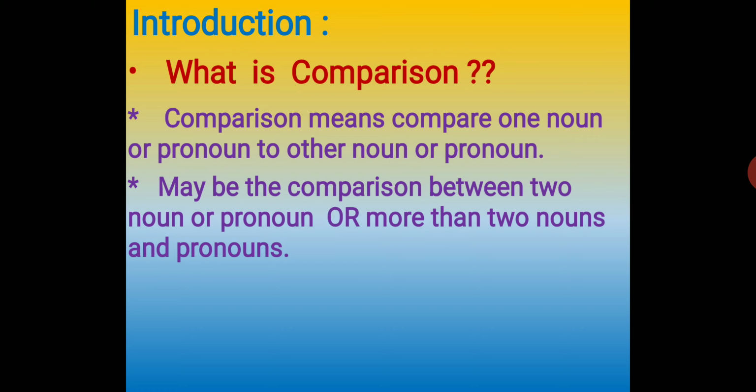If it is one, comparison cannot be possible. Right? For example, if you have two pencils, then you can compare the shape of the pencil, the size of the pencil, the color of the pencil, etc. But if you have only one pencil, just think, can you compare your one pencil? No, it is not possible, right? So keep in your mind that if we want to compare anything, we need more than one.